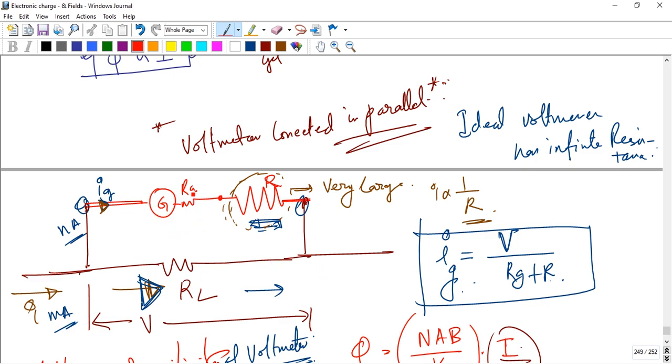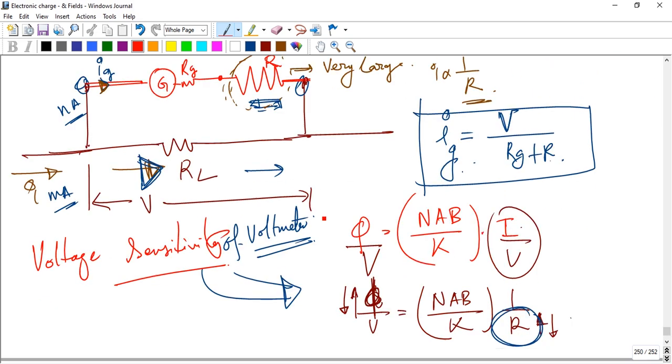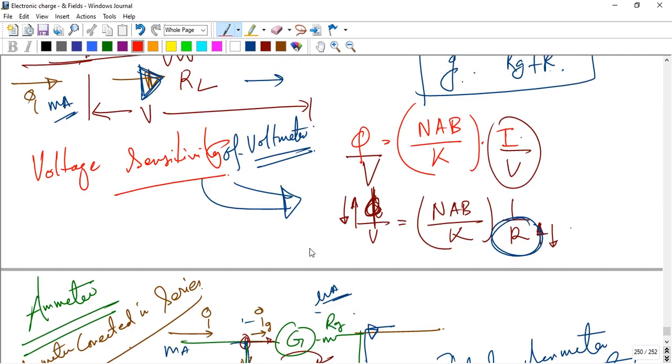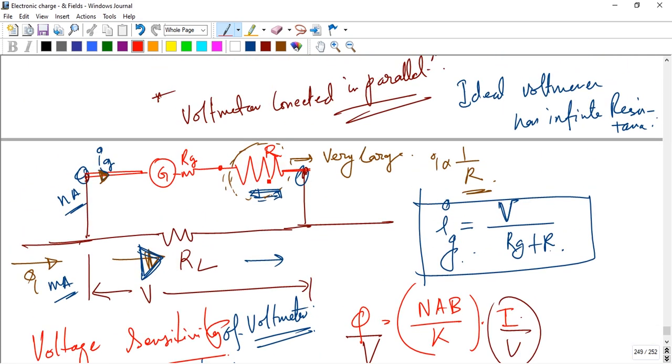That's why the voltmeter is connected in parallel, and the ammeter in series. If a large resistance is connected, the current value becomes very small.